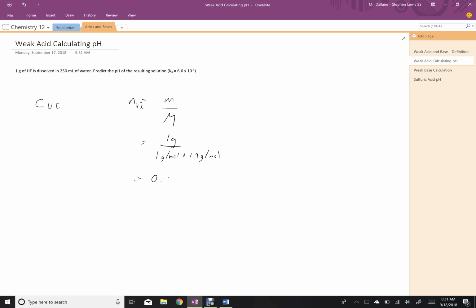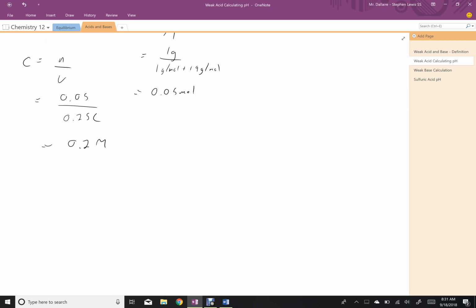So 0.05 moles. And then I'm putting that in 250 milliliters of water. So my concentration is equal to my moles divided by my volume. Remember, these volumes always need to be in liters. And I have a 0.2 molar initial concentration for my HF.